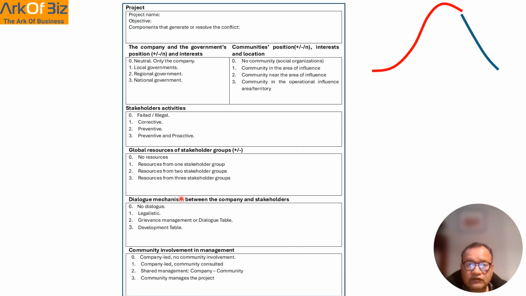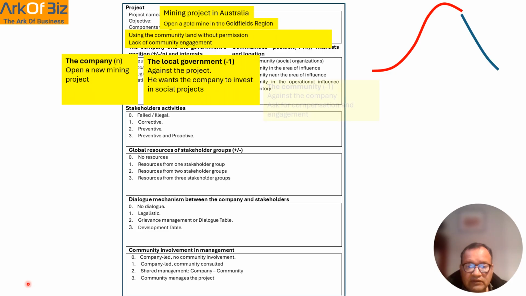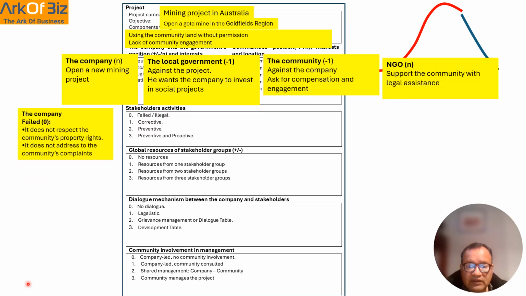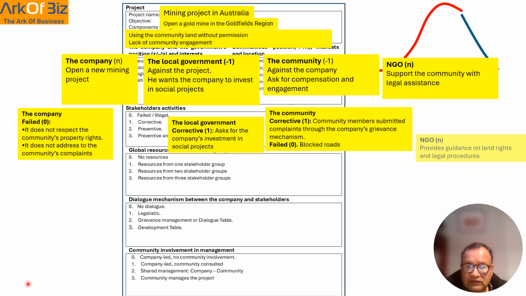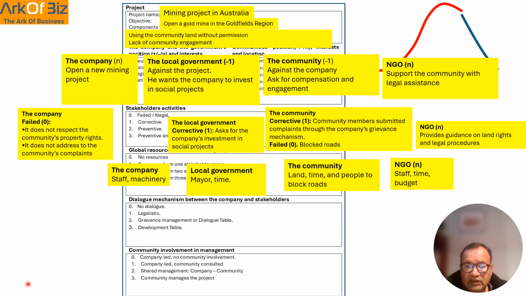Okay, now let's continue working in our ASEC tool for the dialogue mechanism and community involvement elements. So we are filling out our ASEC tool with the information given about the mining project in Australia. And I think we have these elements done until the global resources of stakeholders groups.